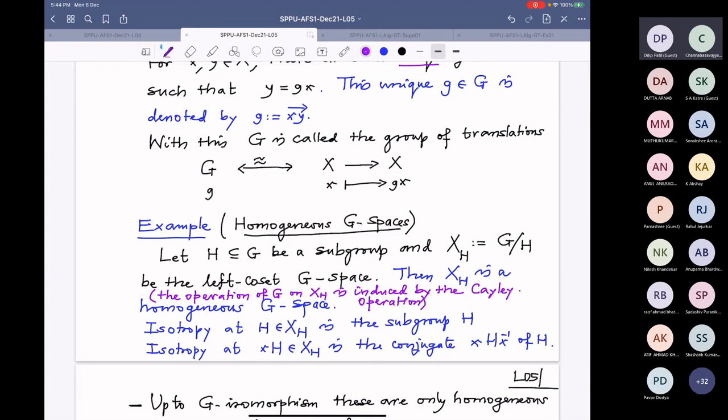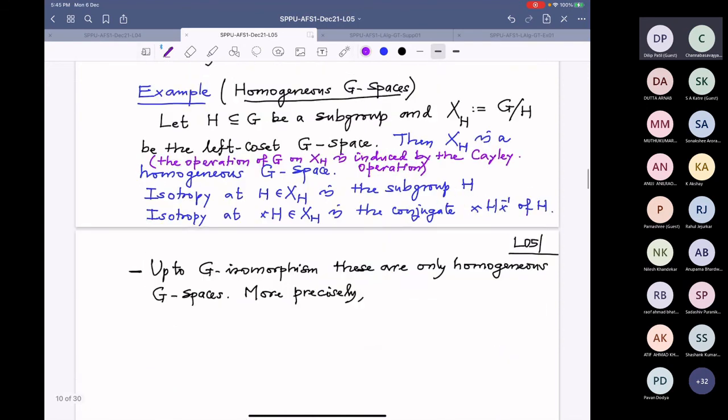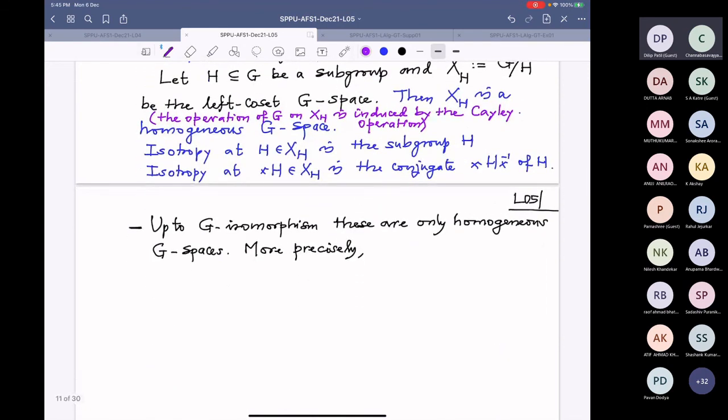Isotropy at the coset H is the subgroup H, and the isotropy subgroup at xH is precisely the conjugate xHx inverse. So what does it show? This shows that from this xH, you recover the whole bunch of H and conjugate subgroups of H. So tying up together, up to G isomorphism, these are the only homogeneous G spaces.